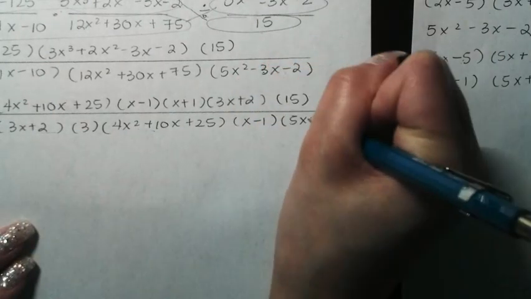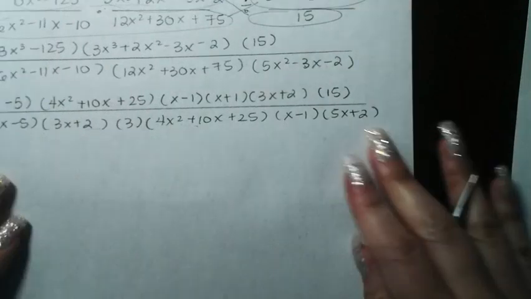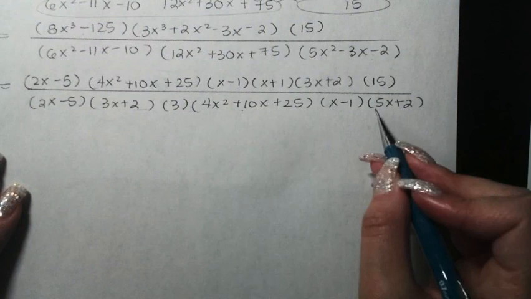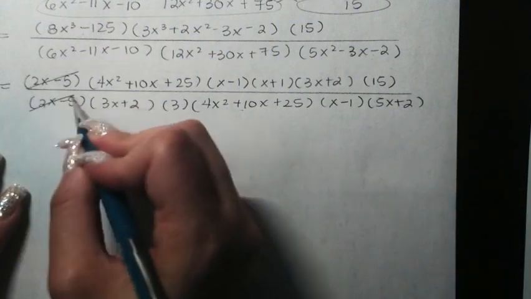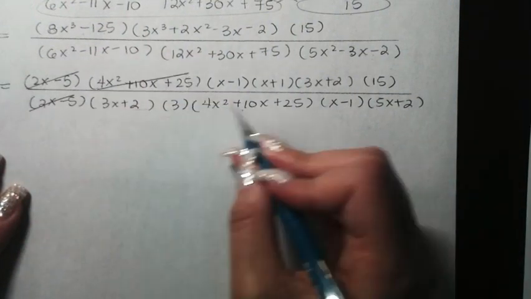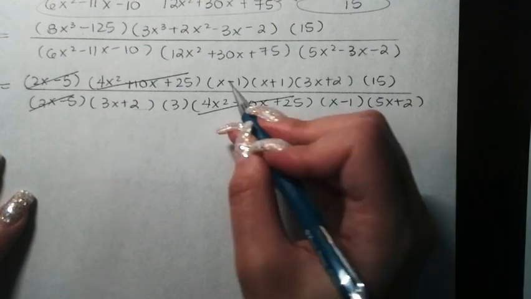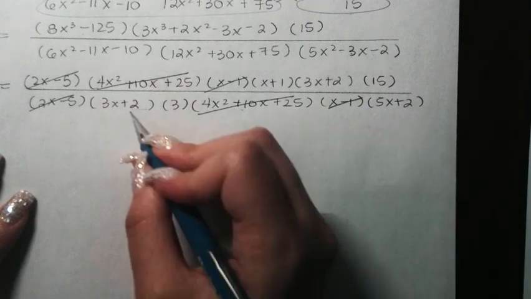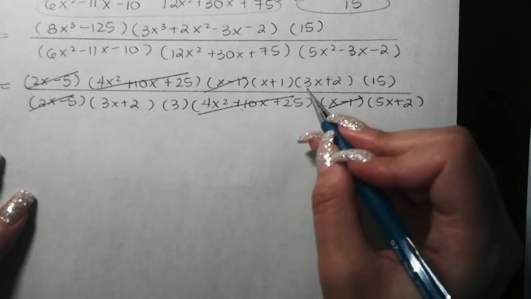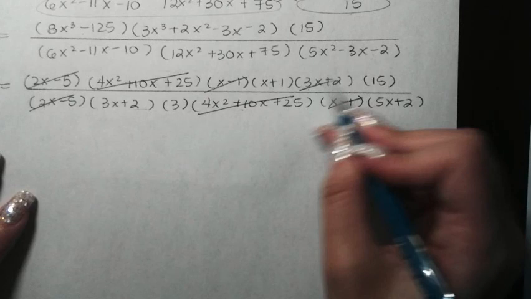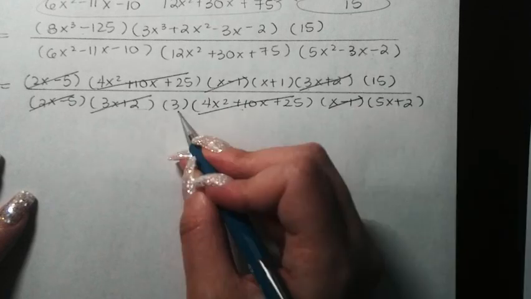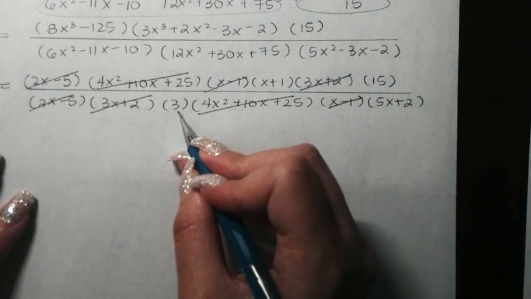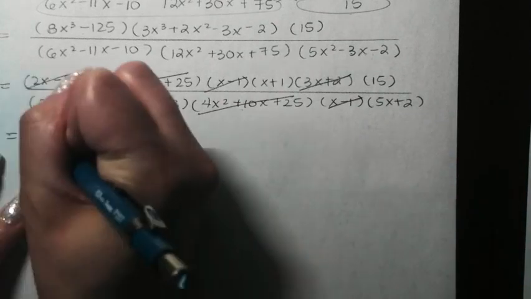Now, finally, let's move to the whole thing, since it's so long. You are going to cancel stuff. I cancel this one. I can clearly cancel this one, which is pretty cool. Then this one, I can cancel it with this one. This one, there's nothing, so I don't cancel it. Move to the next one. 3x plus 2 cancels with this one. Then the 15, I cannot cancel it, but I can do 15 divided by 3, so I have a 5.